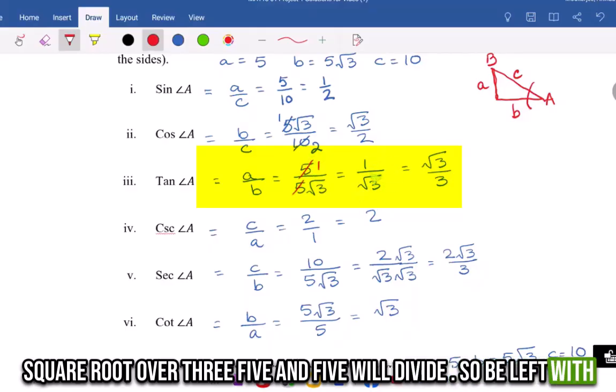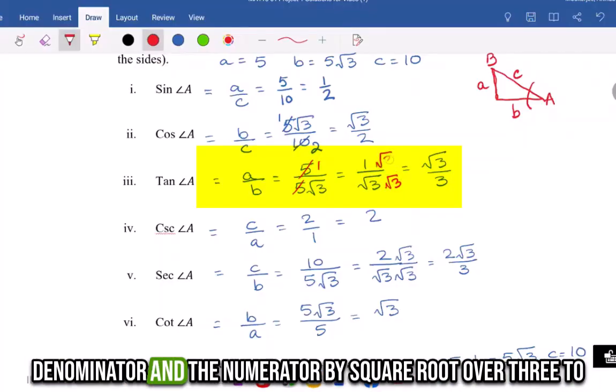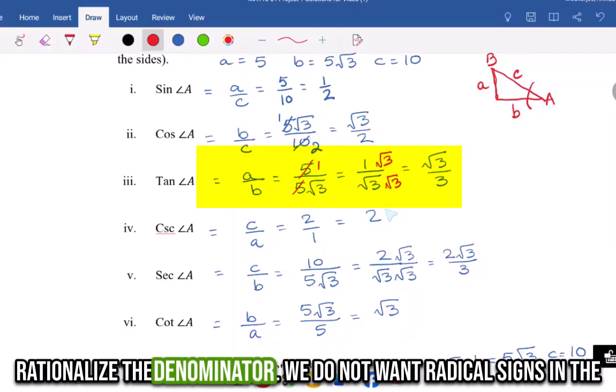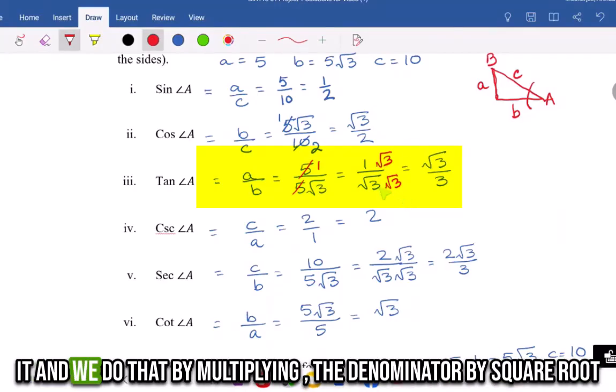So we'll be left with 1 divided by square root of 3. We will multiply both the denominator and the numerator by square root of 3 to rationalize the denominator. We do not want radical signs in the denominator of a fraction. So that is why we need to rationalize it, and we do that by multiplying the denominator by square root of 3.